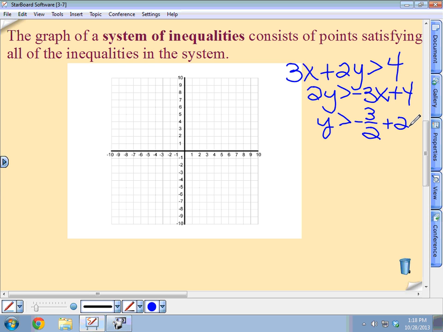Okay. And so what is my y-intercept, Dominica? So I know I'm going to cross right there. And I have a slope of negative 3/2.